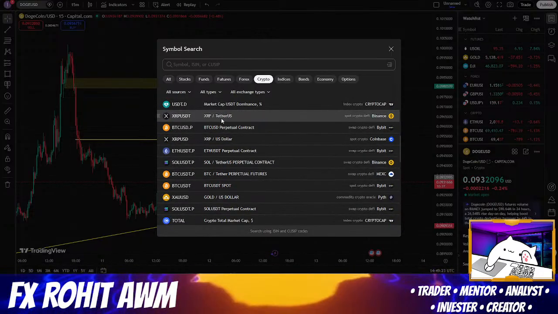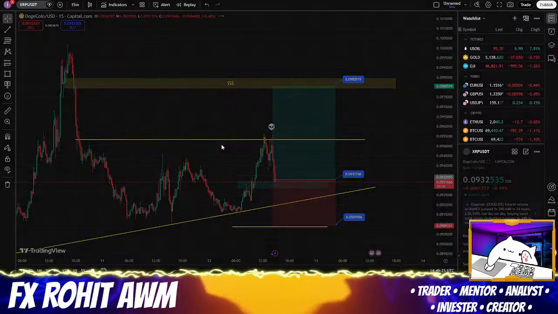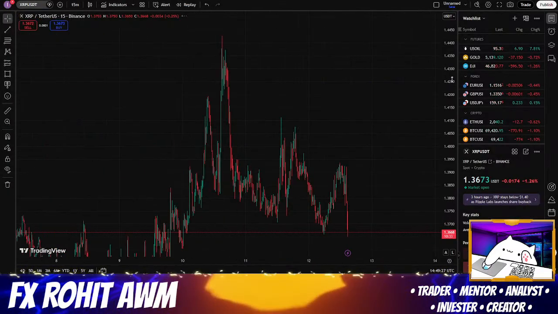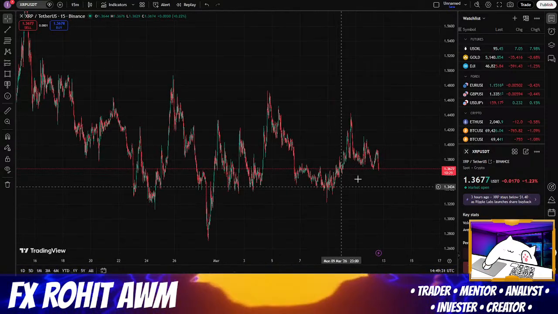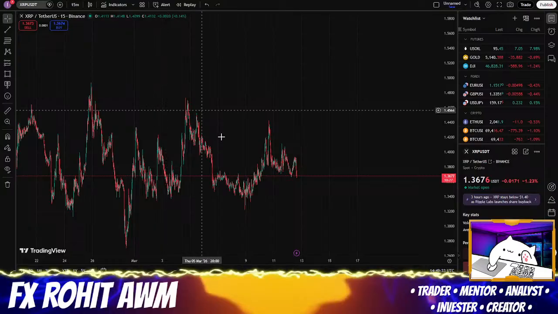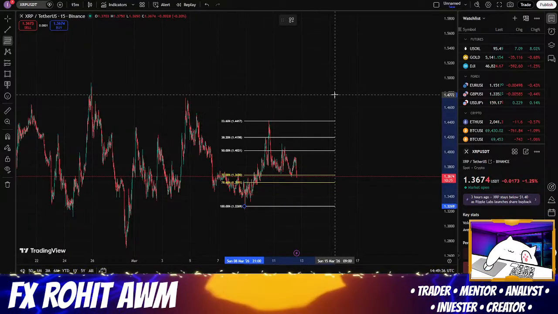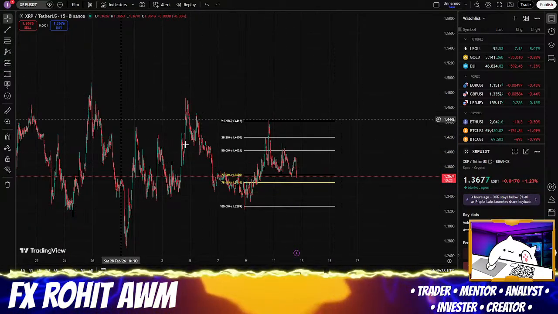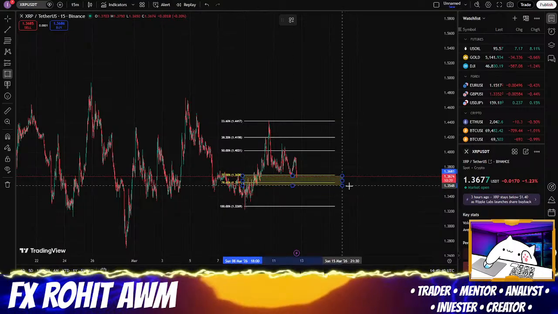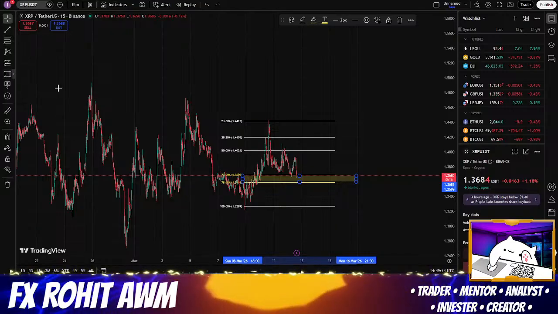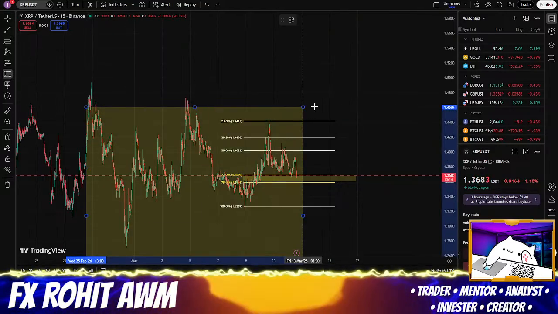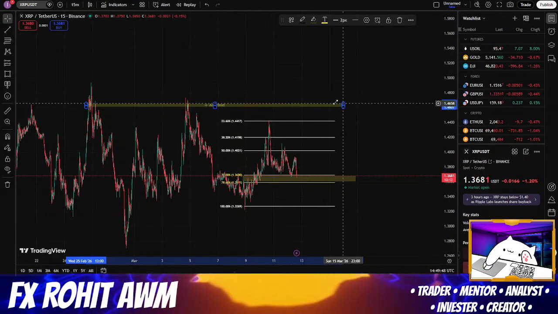Let's check the XRP, guys. Okay, so first of all, we add a Fibonacci. So the market is in a golden zone, and this is our liquidity zone.